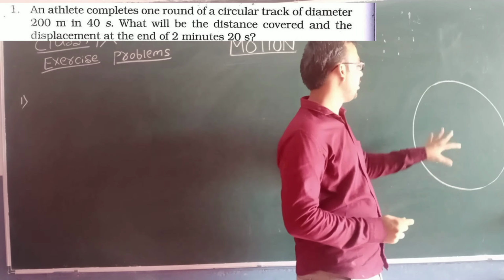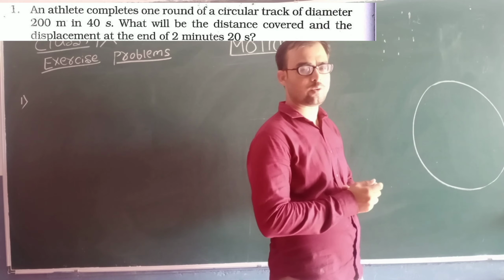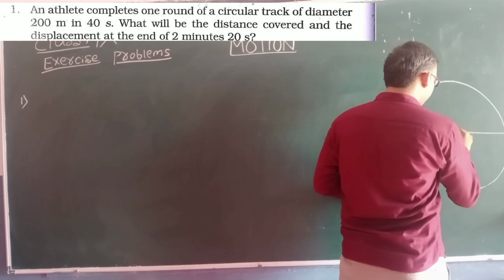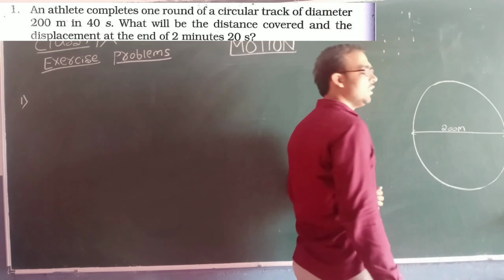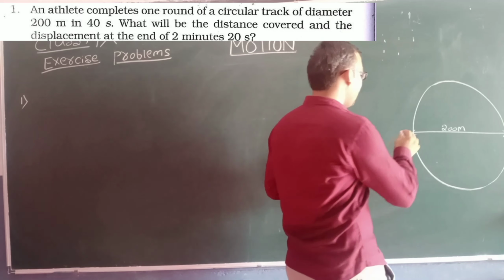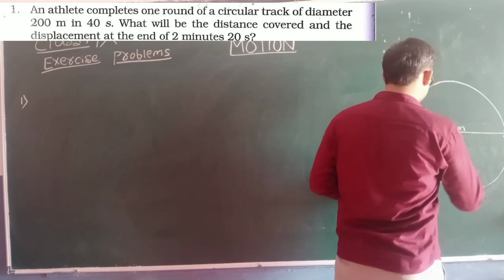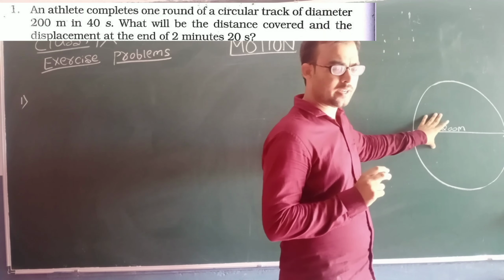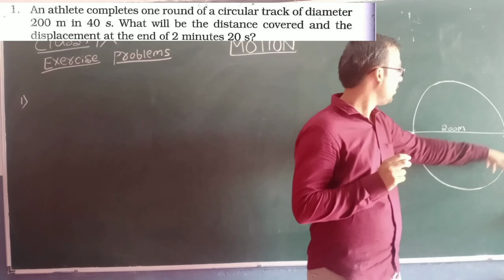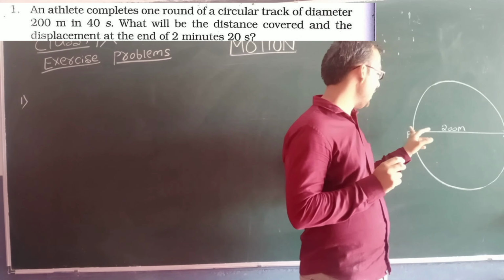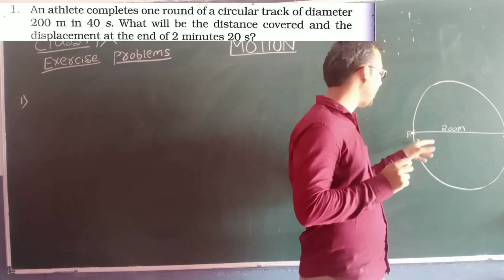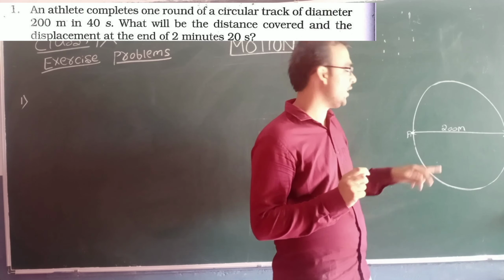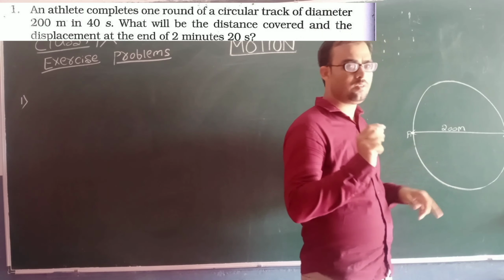So look at students, assume this is a circular track. The diameter of this circular track is 200 meters. Let us assume these 2 points, A and B. An athlete covers the complete circular path once in 40 seconds.